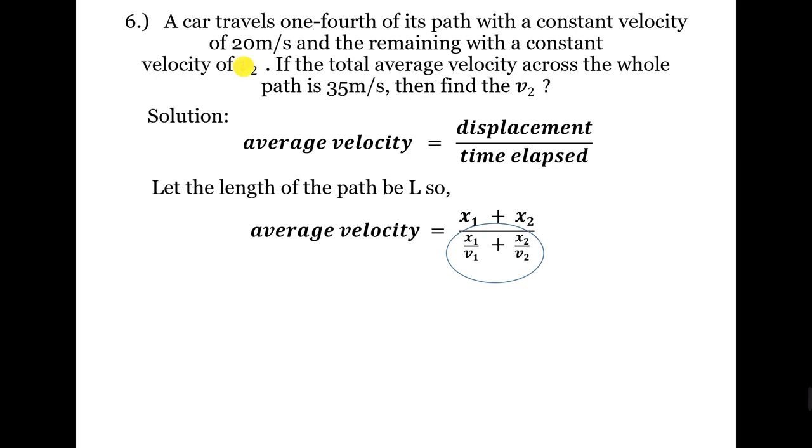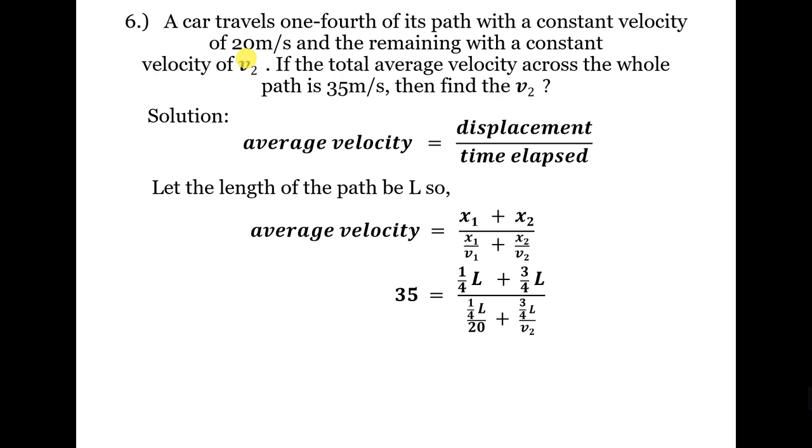The first displacement has only one-fourth of the total travel while the second is the remaining, equal to three-fourths of the total travel. For the time elapsed, use the current value of displacement over the specified velocity.